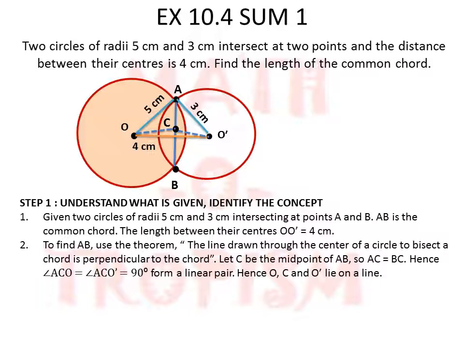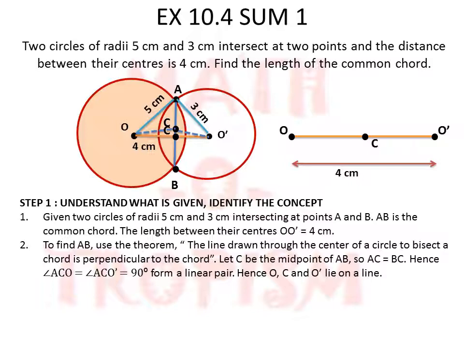Now since both angle ACO and angle ACO dash are 90 degrees, it means all three points should lie on the same line because they are a linear pair. So C will be lying on the line joining OO dash. So O, C and O dash are lying on a line.